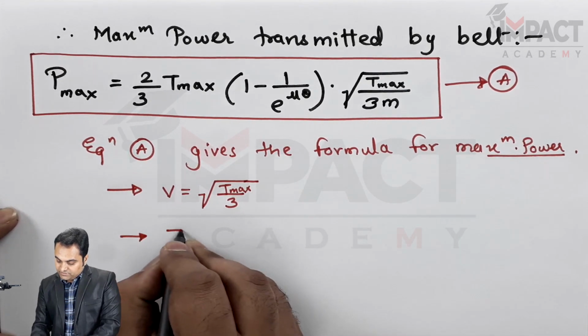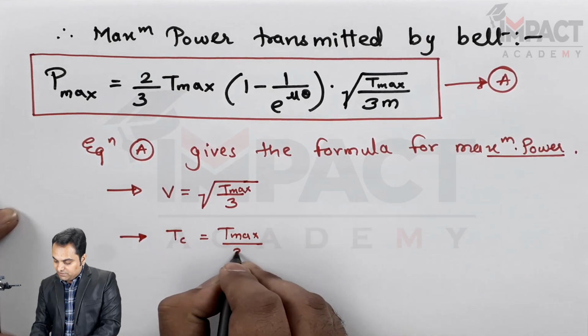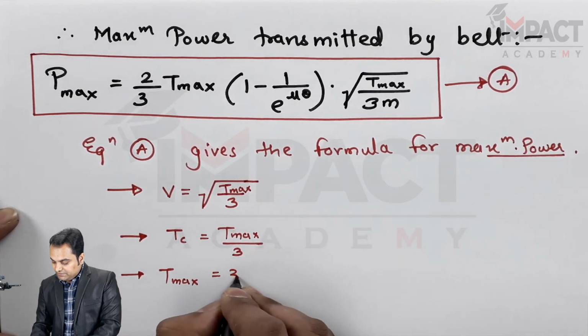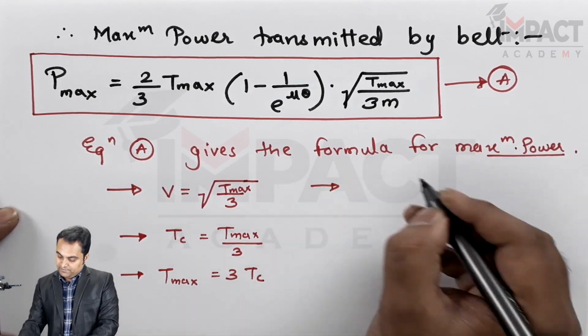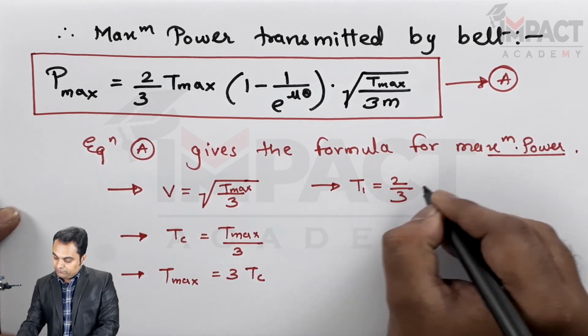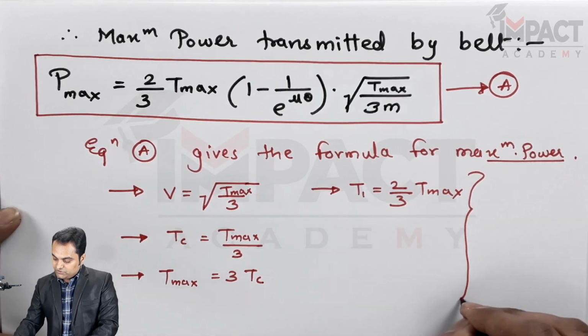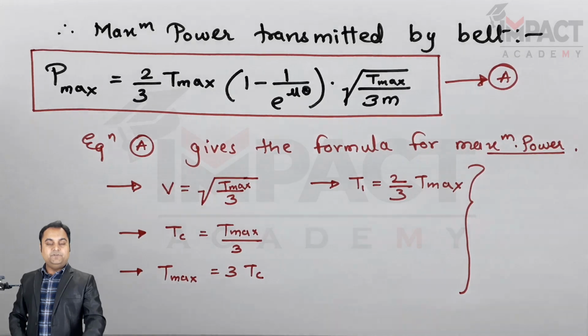Then the centrifugal tension is Tmax by 3, and also the maximum tension is 3 times the centrifugal tension, and finally the tension in tight side is 2/3 of the maximum tension. So these are the conclusions we draw from this derivation for the maximum power transmitted condition.